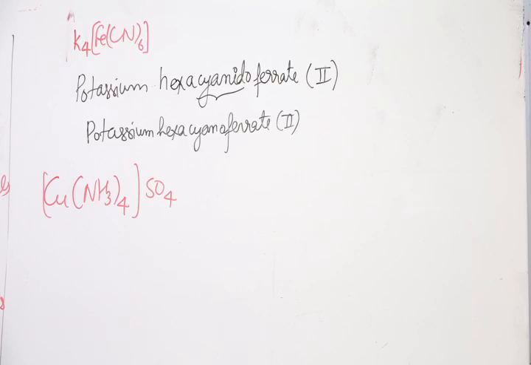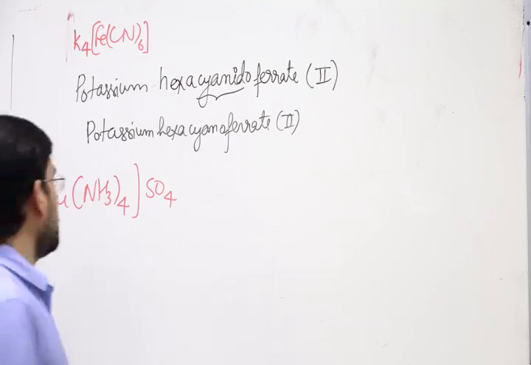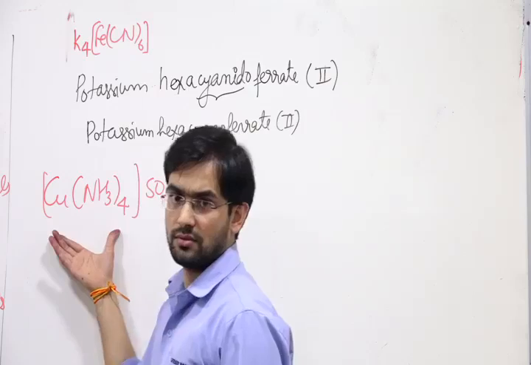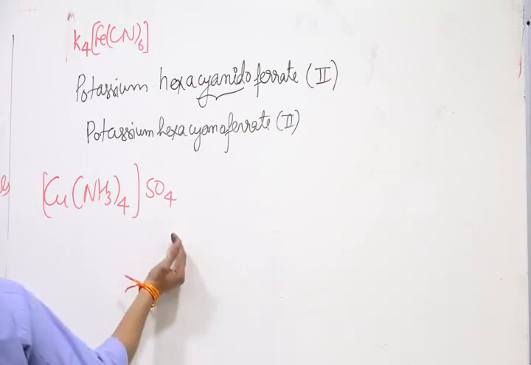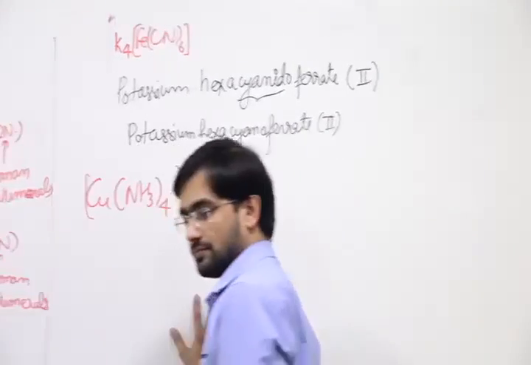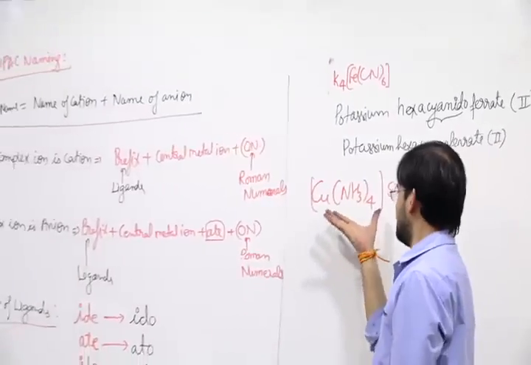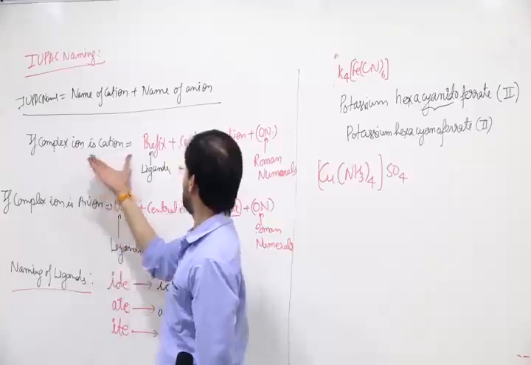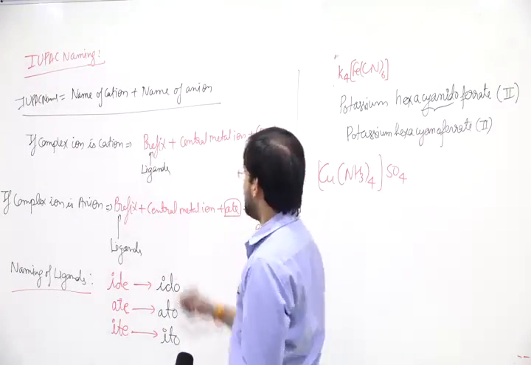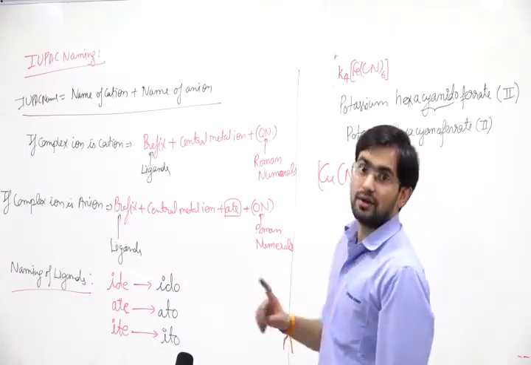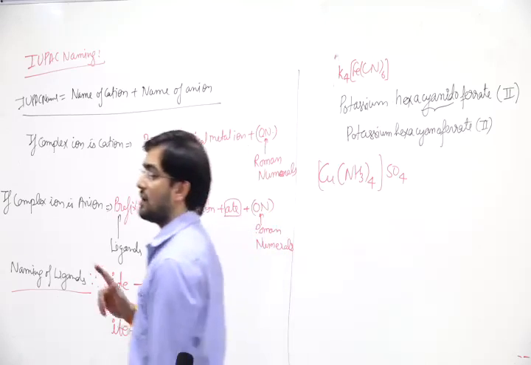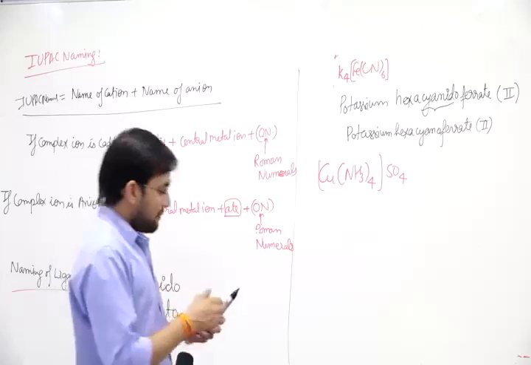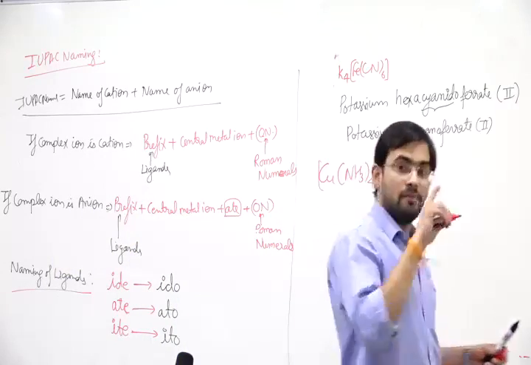Your answer is incorrect. The oxidation number is written with the copper name. As you see here, Syam, this is a cation. If the complex ion is a cation, we follow this. The prefix is ammonia, but we cannot write amino.